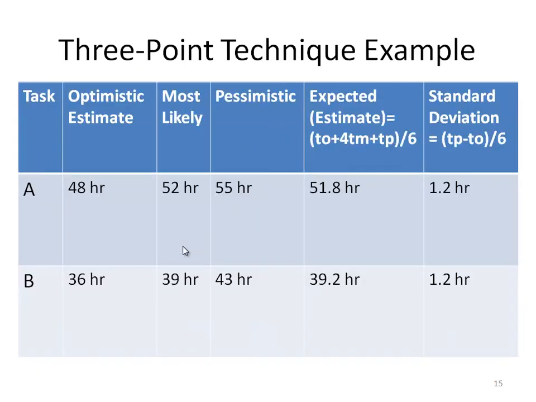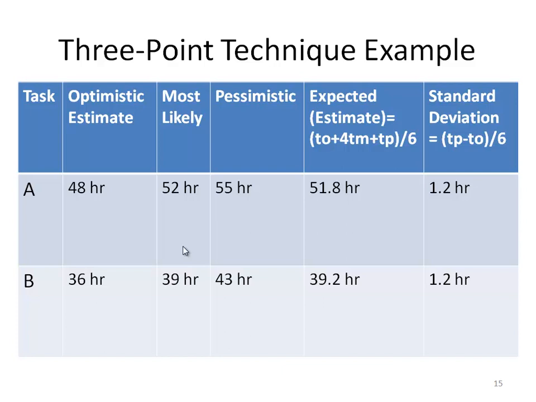For the 3-point technique, we have 2 tasks, task A and task B. The optimistic estimate for task A is 48, most likely 52, pessimistic 55. For task B, the optimistic is 36, the most likely is 39, and the pessimistic 43.